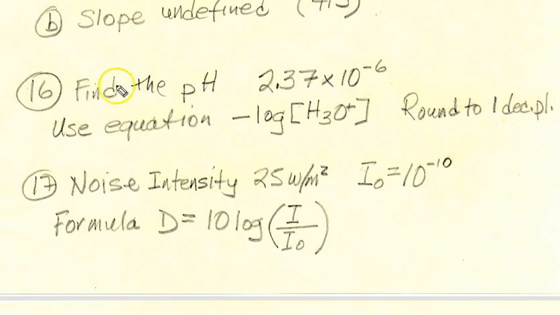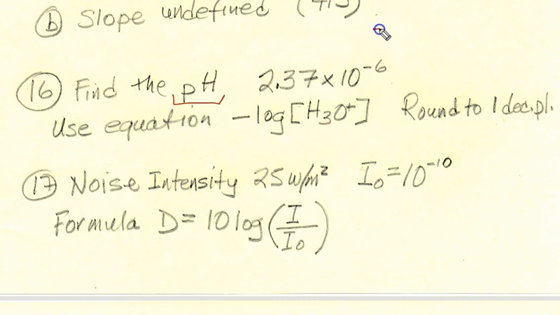Now, for these next two, we're asked to find the pH. And again, there's more detail in the question, but I've summarized it here. So what would your formula be that you're going to put into your calculator?